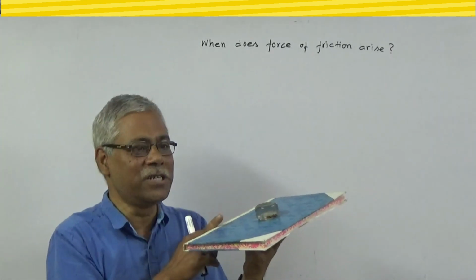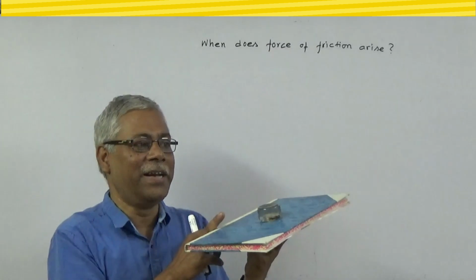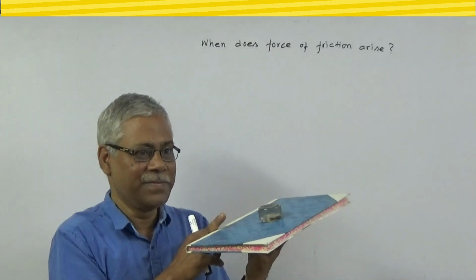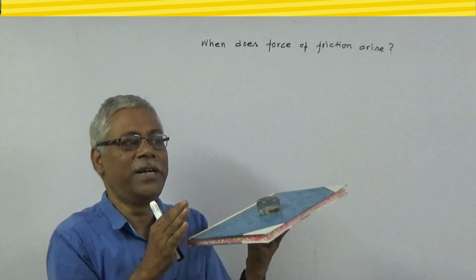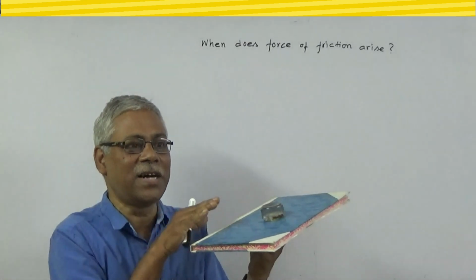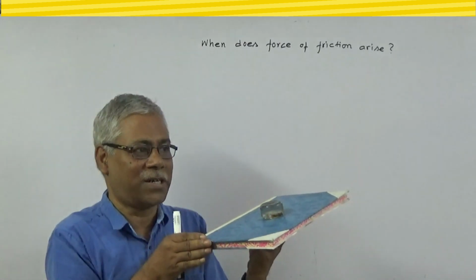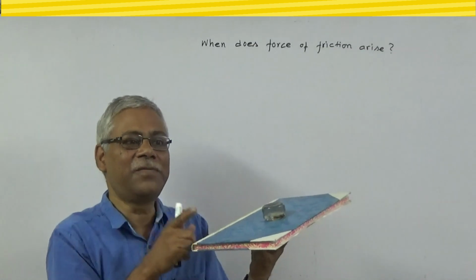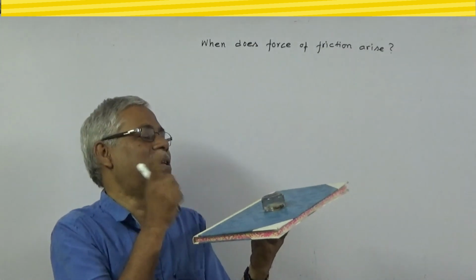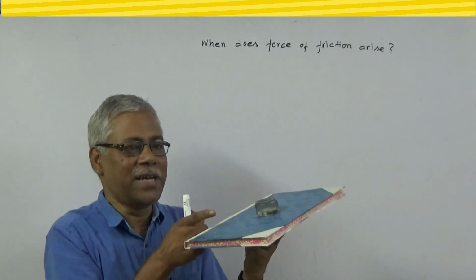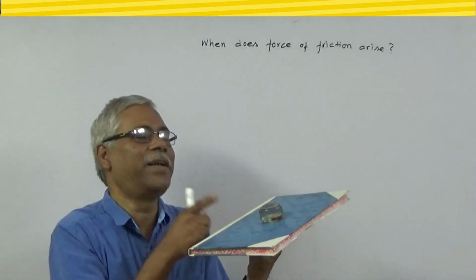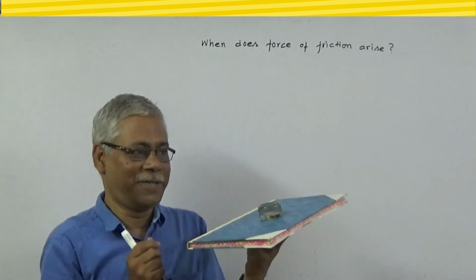This situation is called impending relative motion. Impending means relative motion has not started, but there is a chance that relative motion will start. In this case, frictional force has appeared and it is acting in such a direction that the relative motion cannot start.